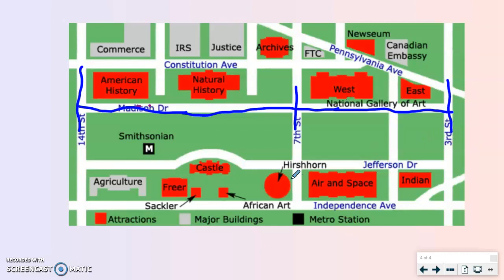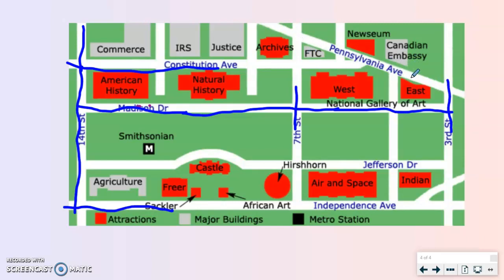There's lots and lots of other examples as well. If I come back over here, 14th Street is also perpendicular to Independence Avenue. And if I go back up this way, it's also perpendicular to Constitution Avenue. Pennsylvania Avenue is interesting because it does not form any right angles. So this line would be just considered intersecting.